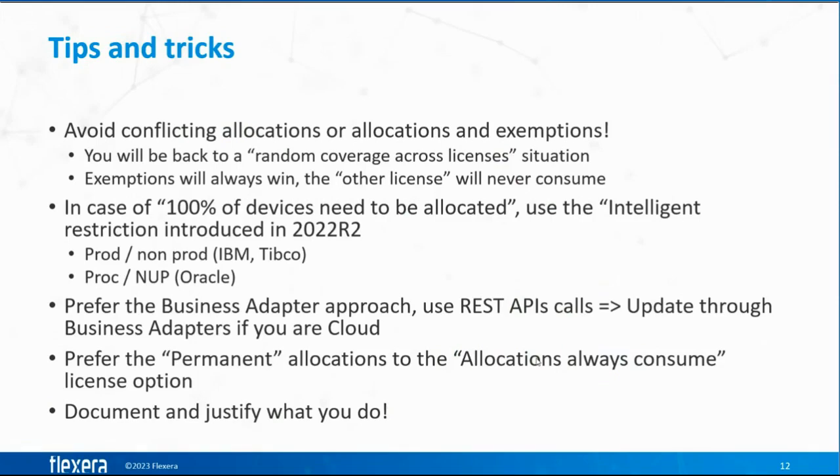Typically, if you have a server linked to a SQL Server 2016 core-by-core license, and to the SQL Server Server and CAL license, which is another license type, not a metric, and finally also allocated to a last license, which is, let's say, SQL Server 2014, a license without software assurance, without maintenance, you will come back to this random coverage across licenses situation where the allocation, the reconciliation will eventually not do the best thing.